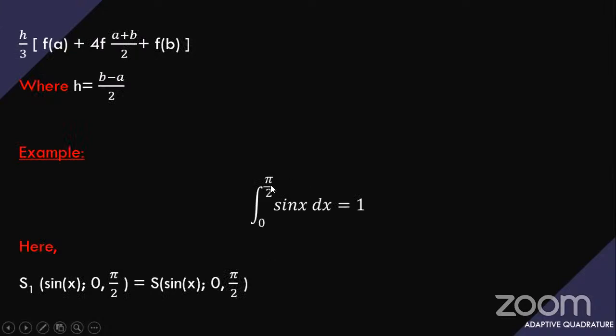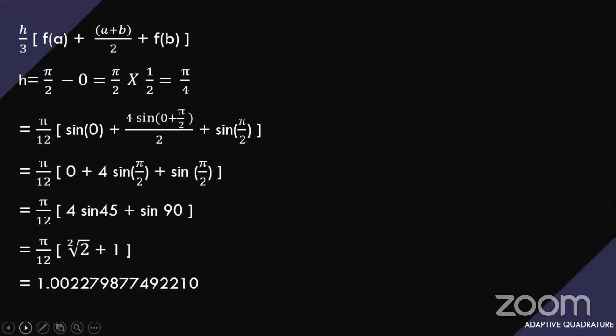So automatically b is equal to pi over 2 and a is equal to 0. Now the formula says h over 3, open bracket, f of a plus 4f of a plus b over 2 plus f of b. I'm sorry, there should be a 4f there. Now, the value of h will be b minus a over 2. That is pi over 2.